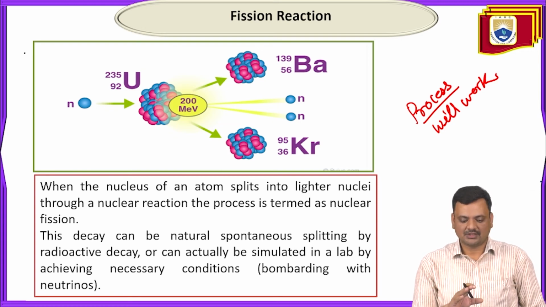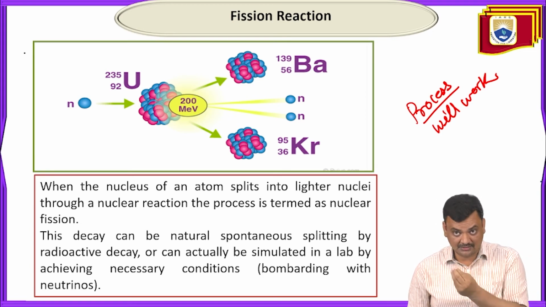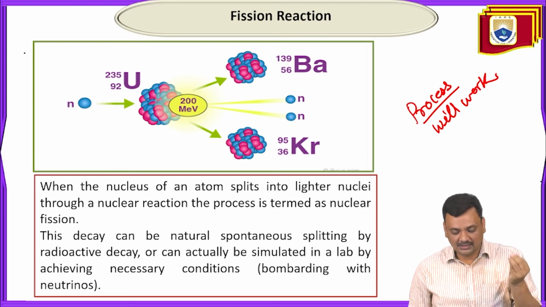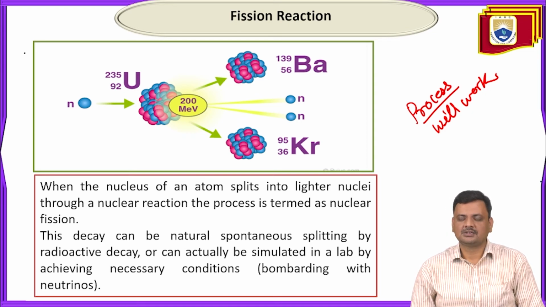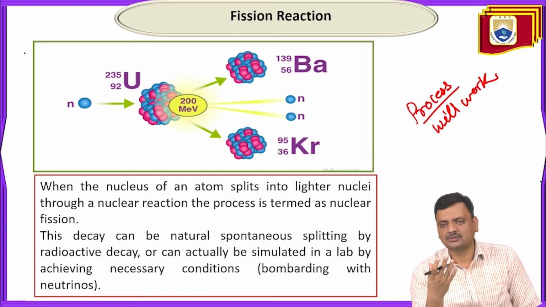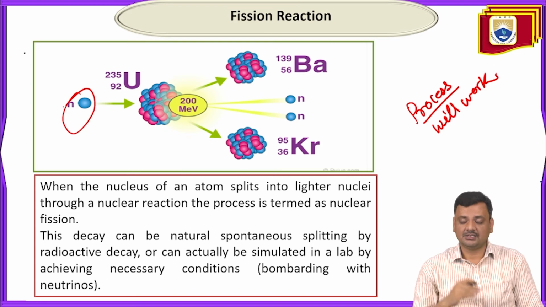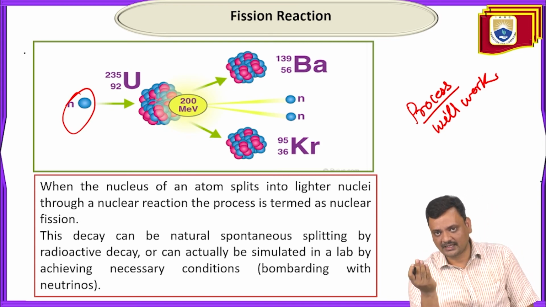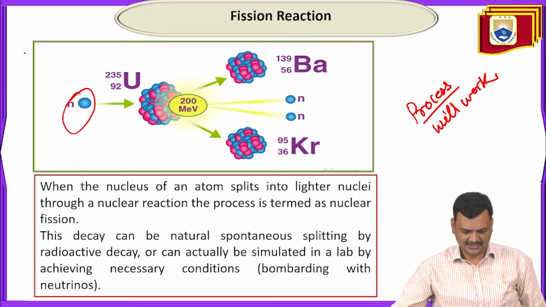In the fission reaction process, a fast moving neutron strikes uranium atoms, and this fast moving neutron has enough energy, more than the binding energy, required to break this uranium atom nucleus.